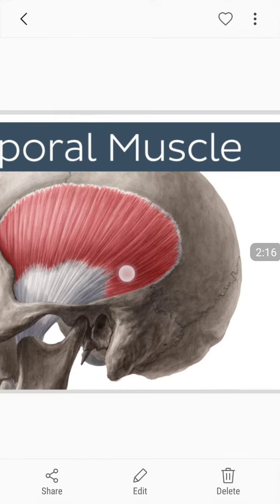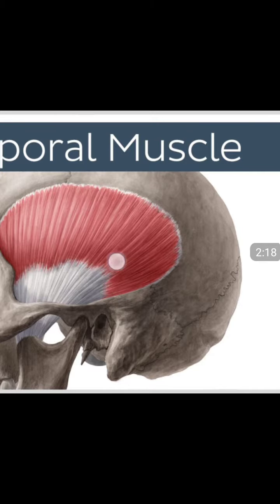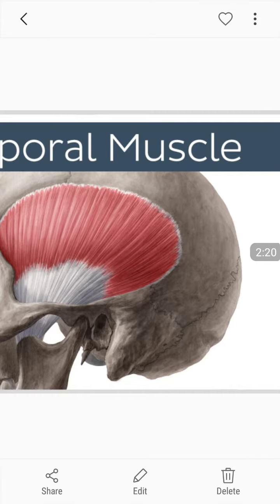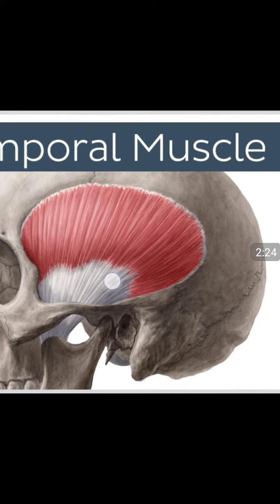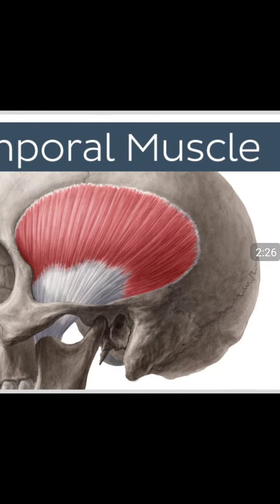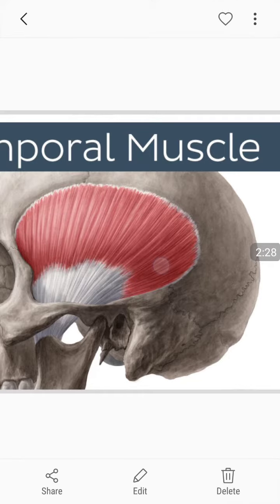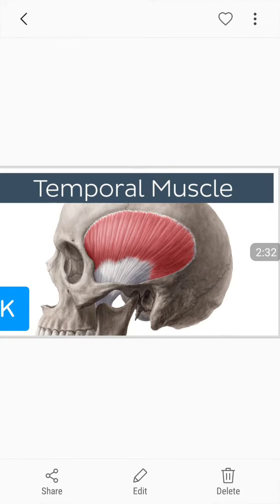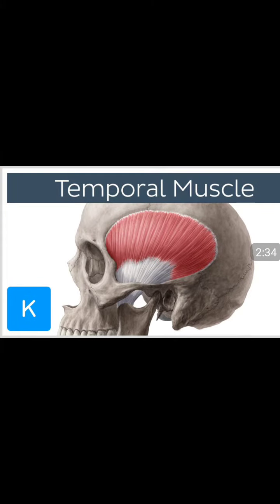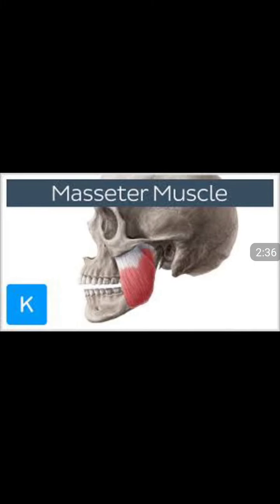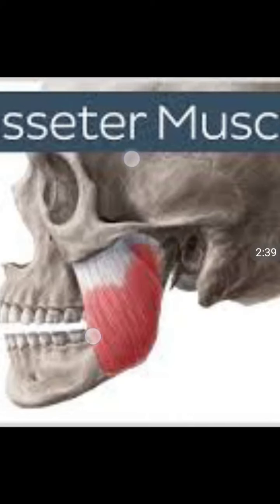When these fibers contract, they decrease their length, and as a result the protruded mandible is retracted. So this was the temporalis muscle.